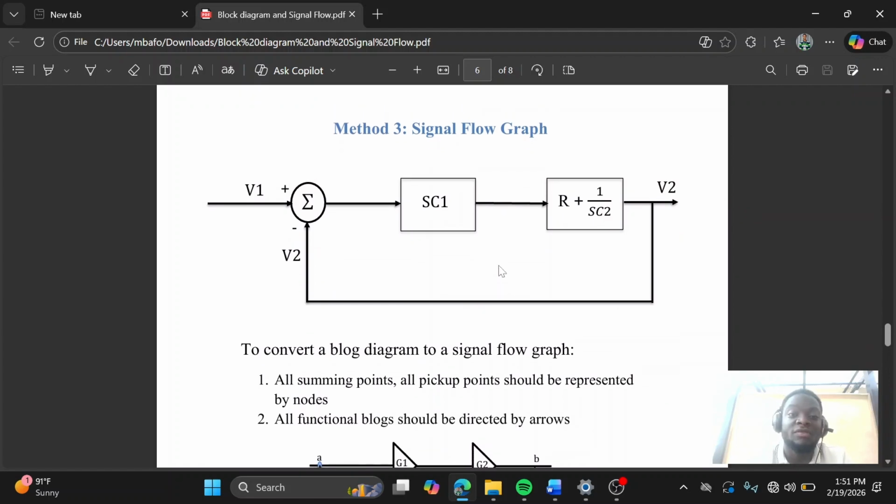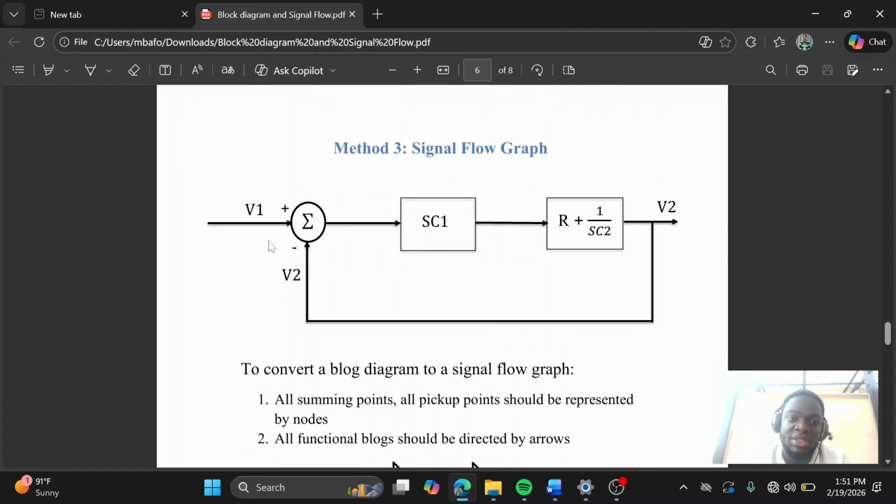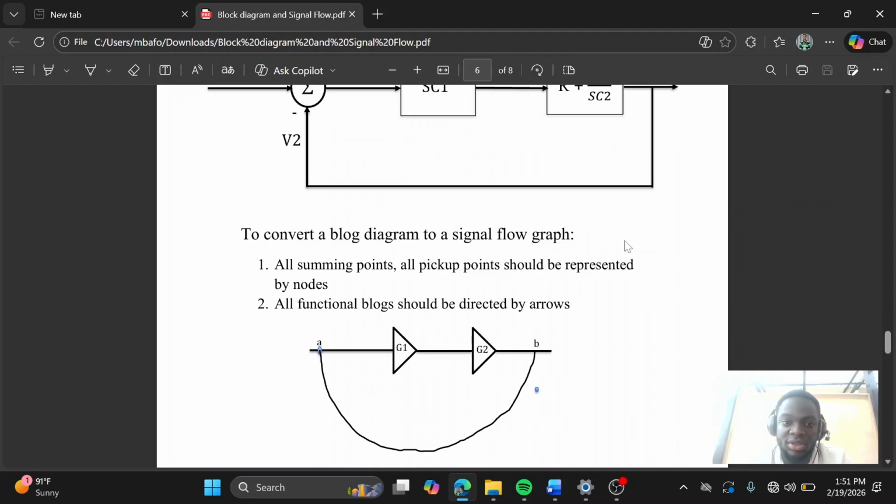In order to convert from the block diagram to the signal flow graph, you need these two principles. The first one: all sampling points, all pickup points should be represented by nodes. Going back to the diagram, as you can see, the sampling points here, point A and B, are both represented by nodes.